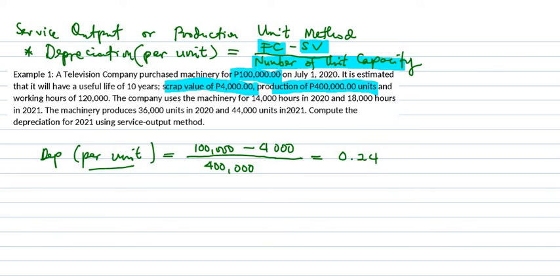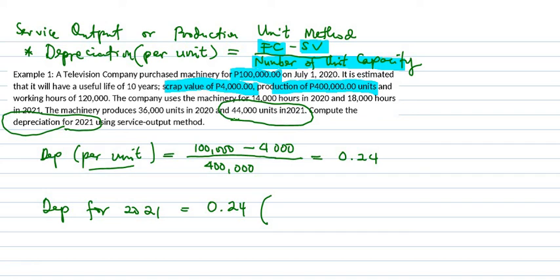Now, the question here is to compute the depreciation for 2021. So the depreciation for 2021 is equivalent to our depreciation per unit, that is 0.24, times the units produced. If we look at it, the machinery produces 36,000 units in 2020 and 44,000 units in 2021.